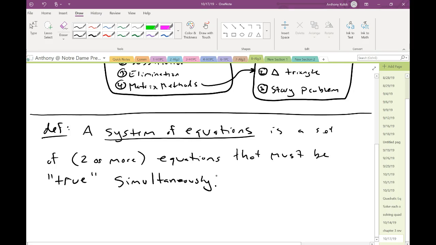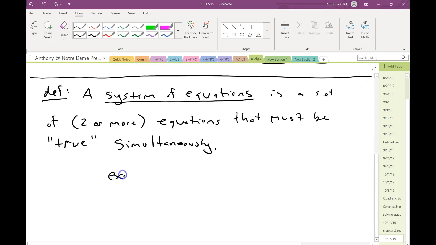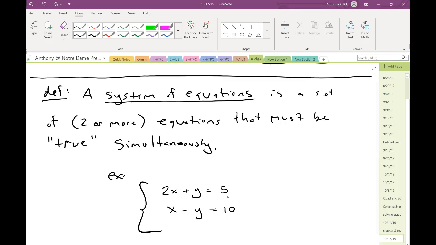So what does the word simultaneous mean? Like at the same time, right? So usually when we write a system, we'll start with a curly bracket. And it'll just be a one-sided curly bracket, just to show that the equations that we've written here need to be taken together, that they're all in the same system.